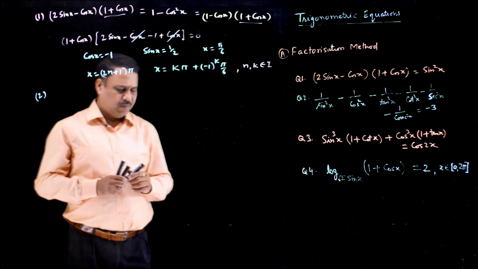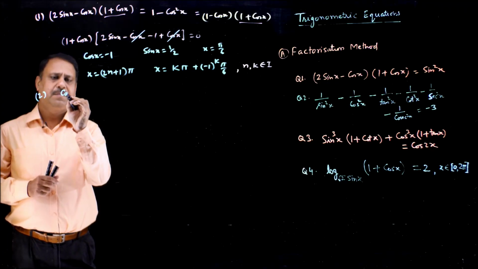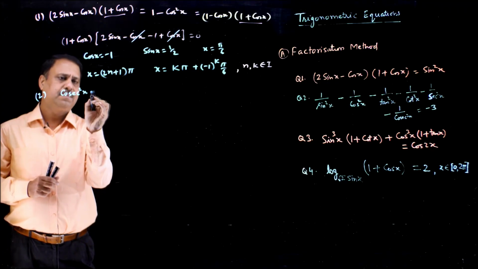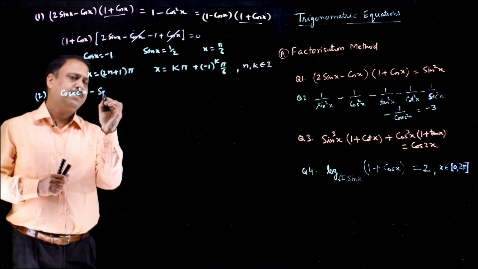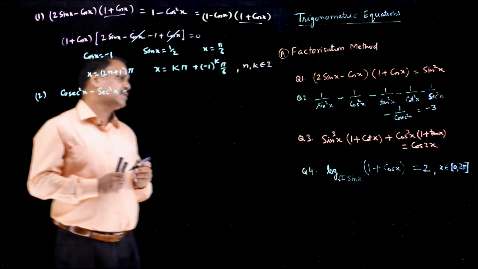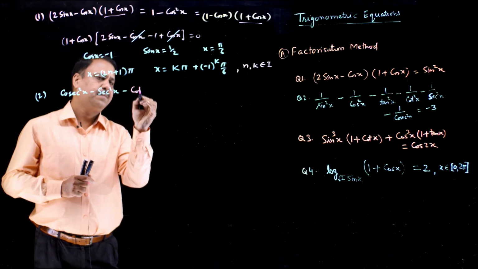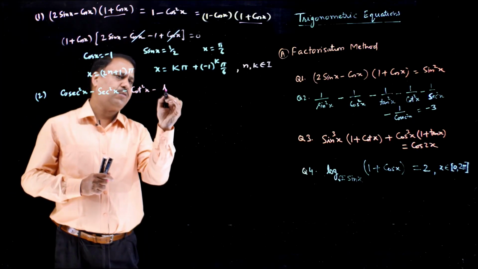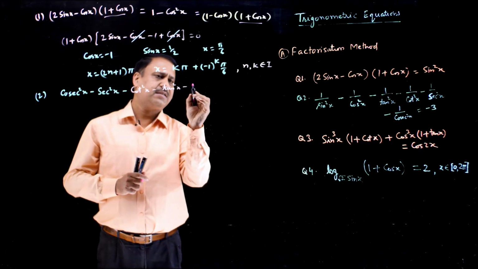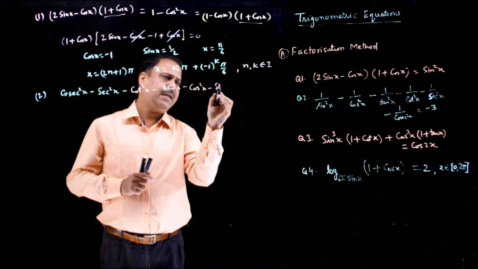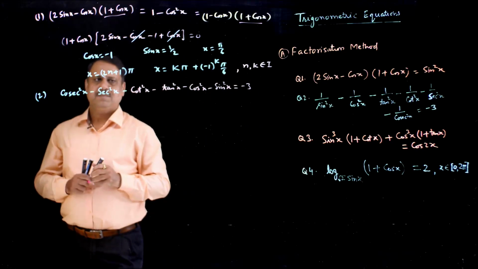So convert this: 1 upon sin square x can be written as cosec square x, minus 1 upon cos square x is sec square x, minus cot square x, minus tan square x, minus cos square x, minus sin square x is equal to minus 3. We can write this in this form.